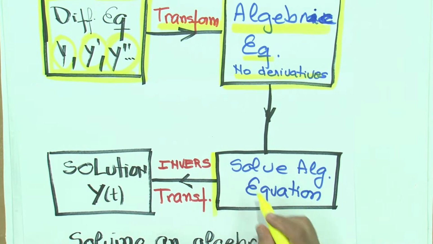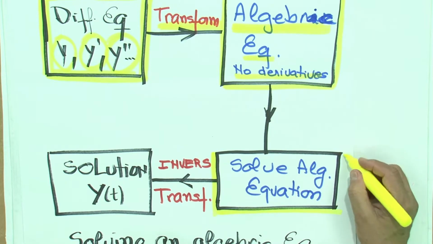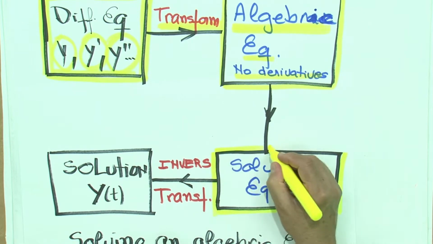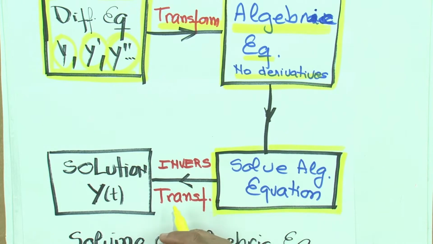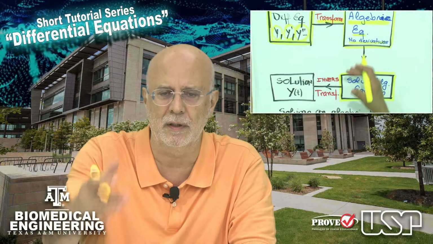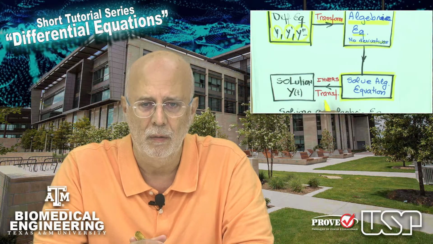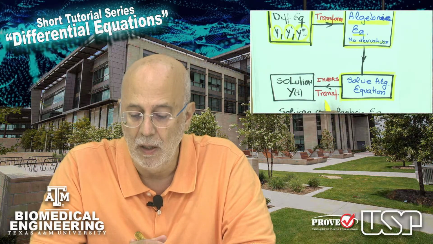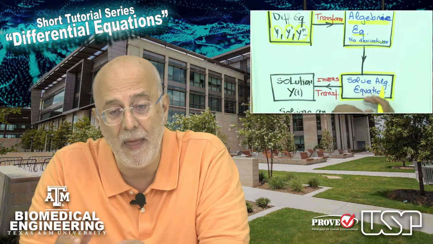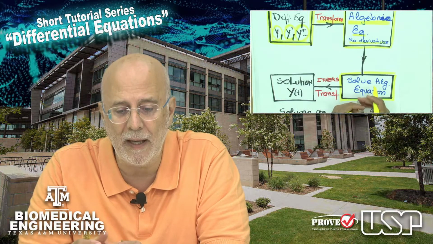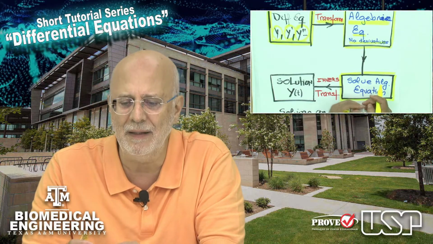So we solve the equation because we know how to solve algebraic equations. We know how to solve a polynomial equation, first order, second order, third order, and so on. We learned that, how to solve.